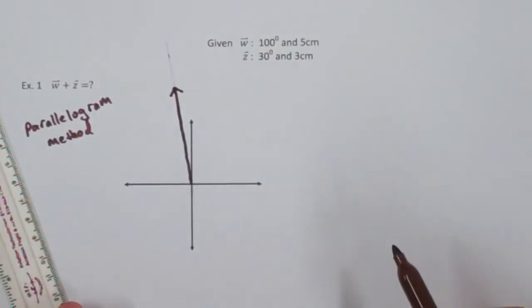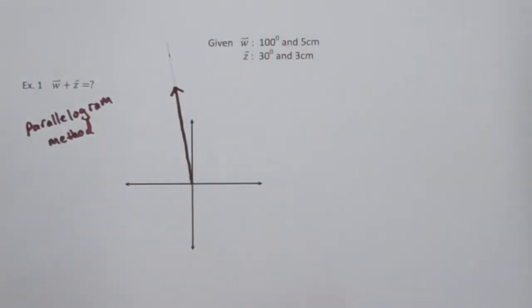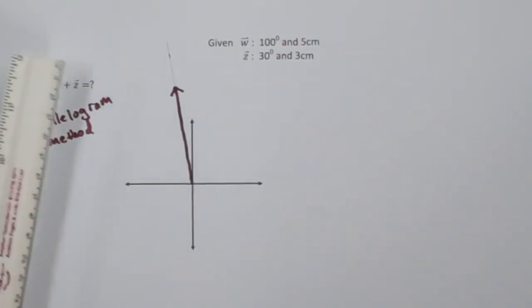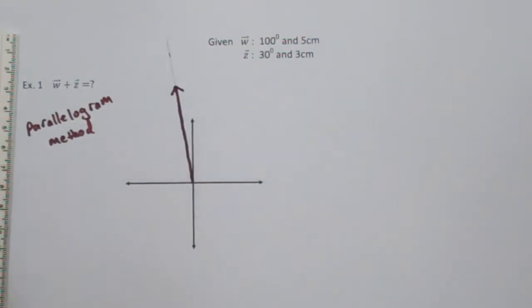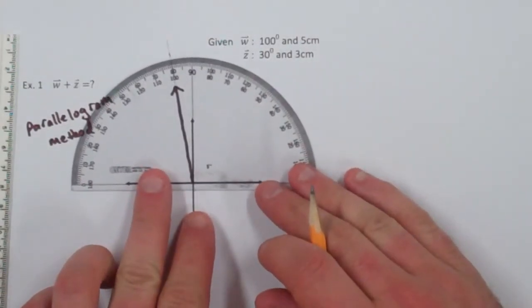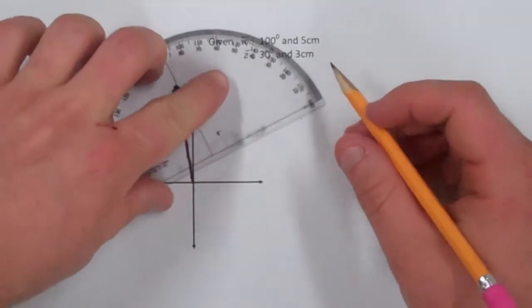For the parallelogram method, we're going to start at the origin again, or at least draw another vector that is in standard position. So try that in orange, maybe that'll stand out a little bit. But before we do that, let me make sure that I've got this one down. We need to do 30 degrees, and if we mark that on our protractor here, that's going to be right about here.